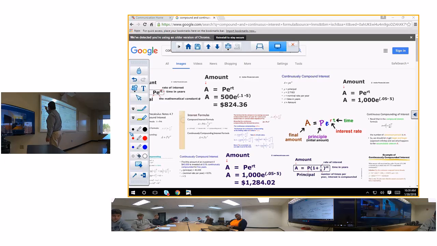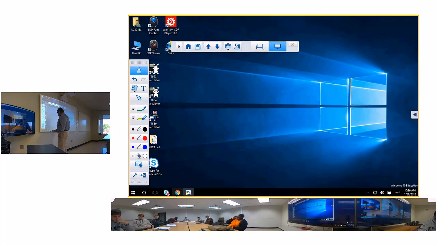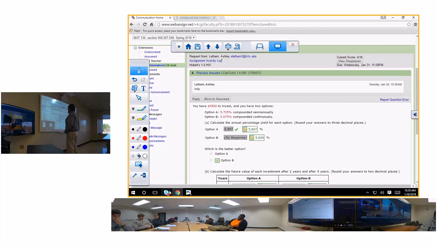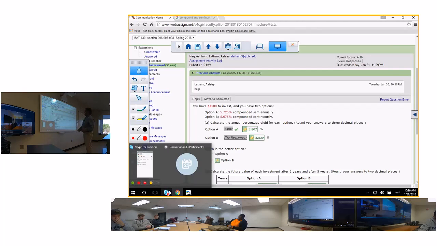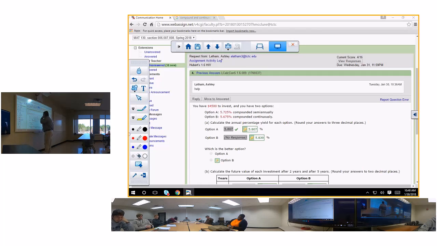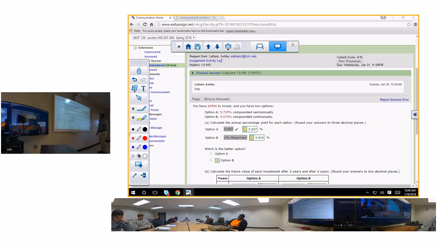This is a problem that's best in real life. It's best in real life because this is what a lot of your banks use. They derive formulas based off of these two formulas for your savings accounts and things like that. So it's kind of nice to know so you don't look ignorant in front of the bank manager or the loan manager or whatever.